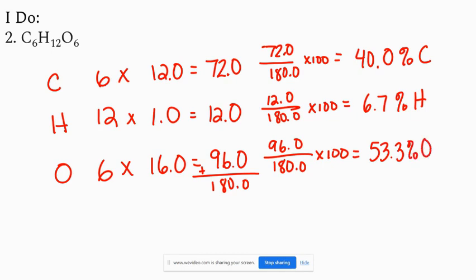How'd you do? Still working on it. Let's see. All right, everybody cool with this one?